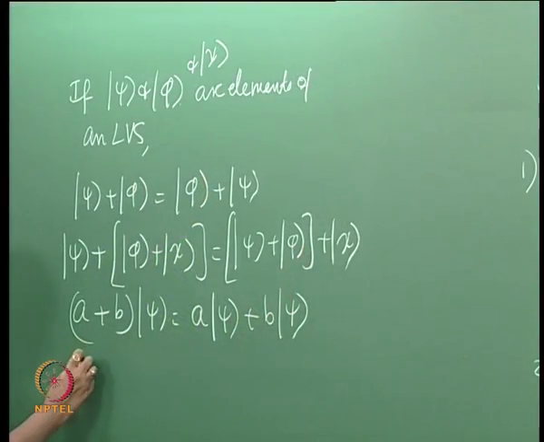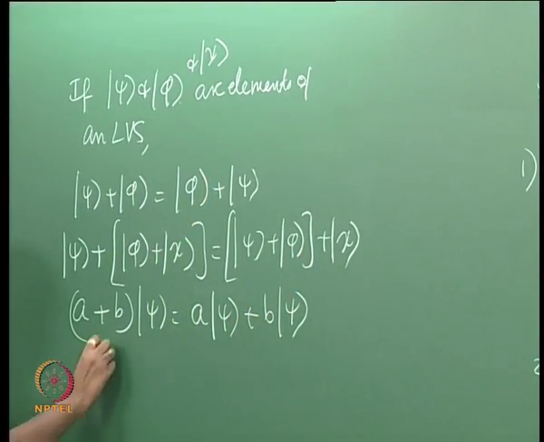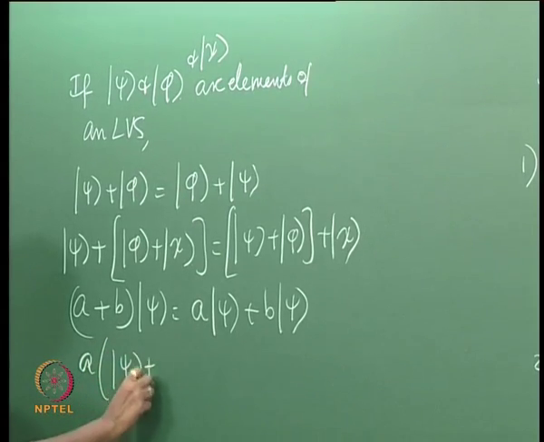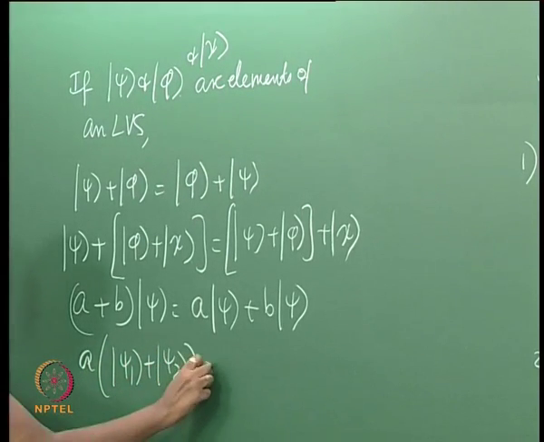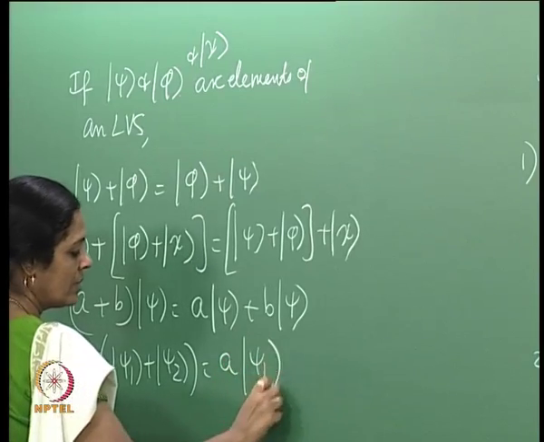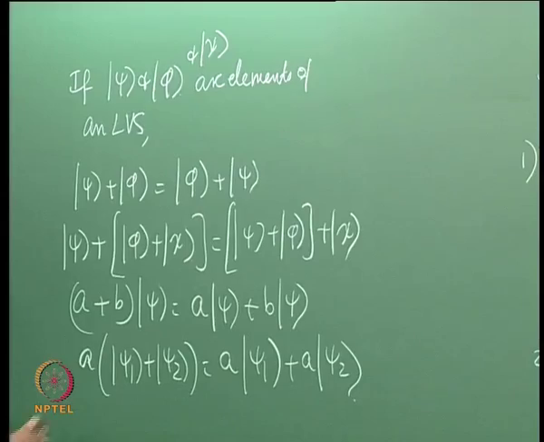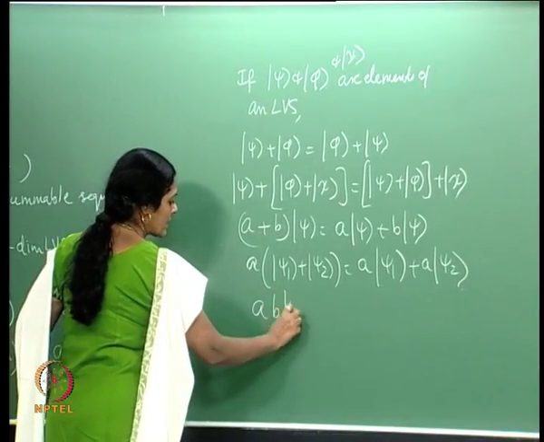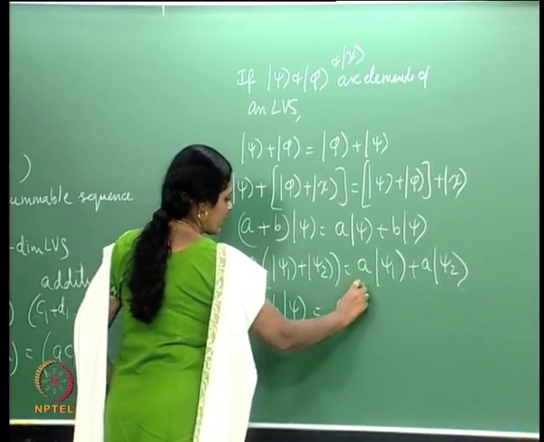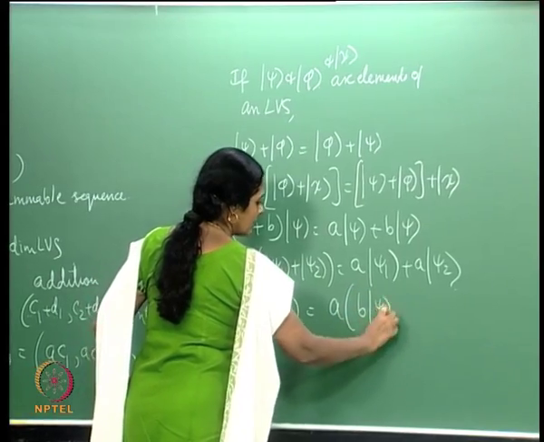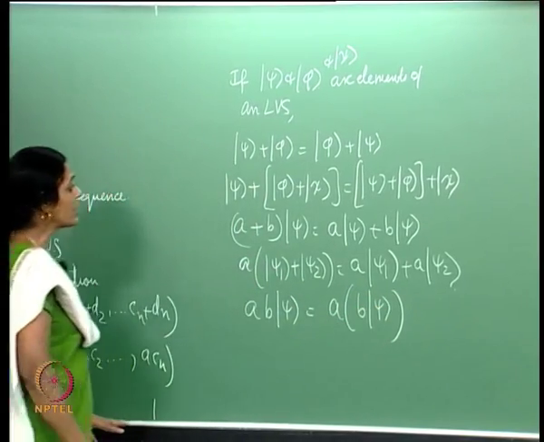And then I could have A times psi 1 plus psi 2, that is A psi 1 plus A psi 2. Then of course AB psi is A multiplying B psi.